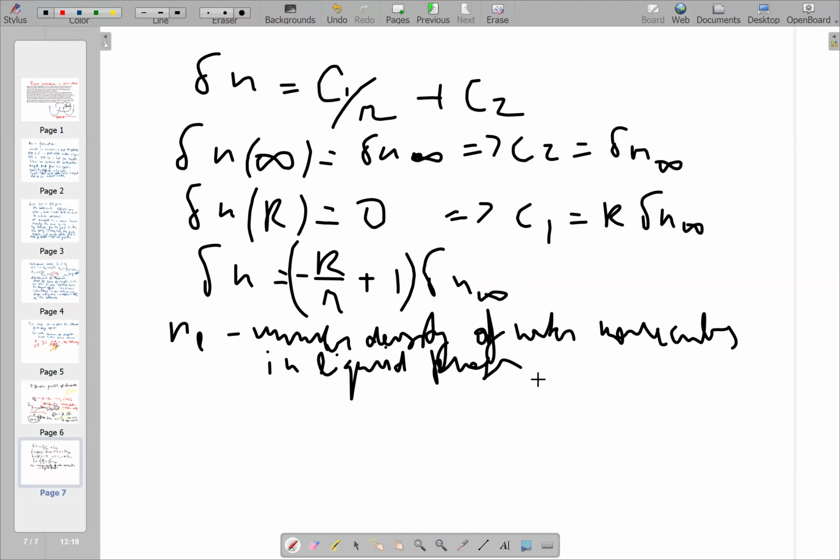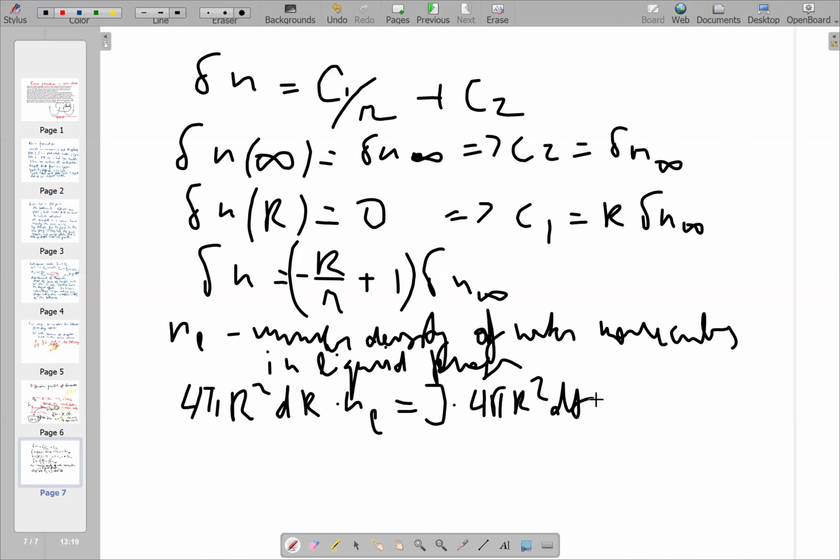Then we have how much it grows: 4 pi R squared, the surface area, multiplied by the growth dR is the volume, and multiplied by n sub L this gives how many molecules are condensing during time dt. That is equal to the particle flux J multiplied by 4 pi R squared and dt.